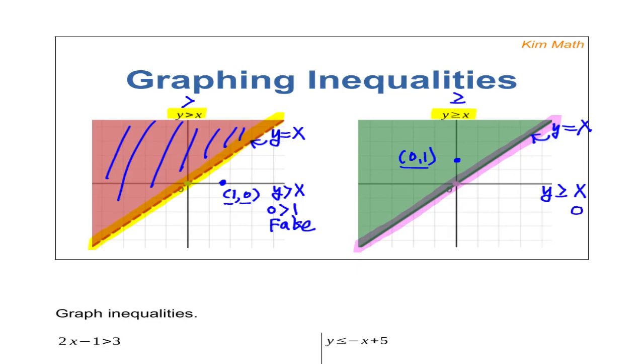So 0 here, 1 here. 1 is greater than or equal to 0? Yes, true. In that case, our selected point is a part of our solution. So we must shade the area that contains our selected point. Okay, this is the main idea to graph an inequality.